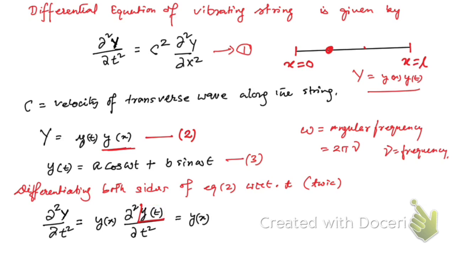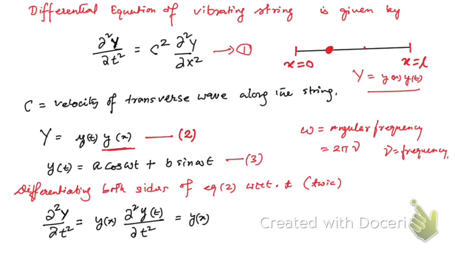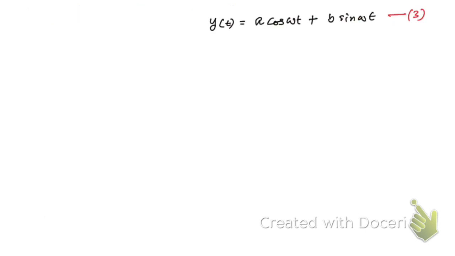Now let me take a new slide. First let me copy equation number 3. Here is equation number 3, and we need to find this part, so let me differentiate it twice.